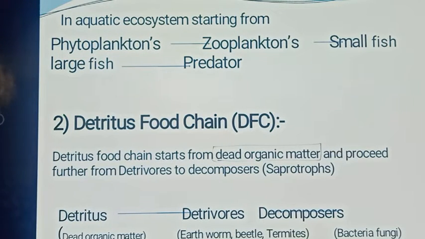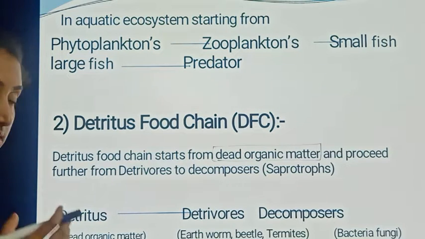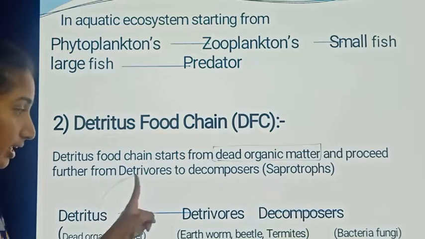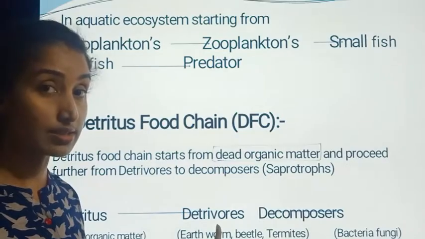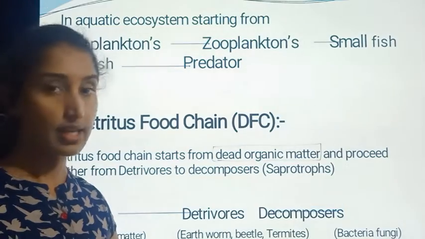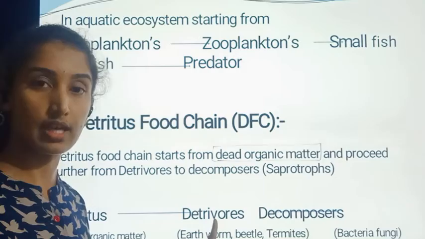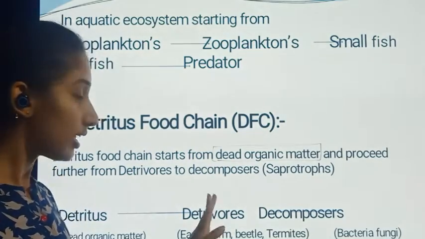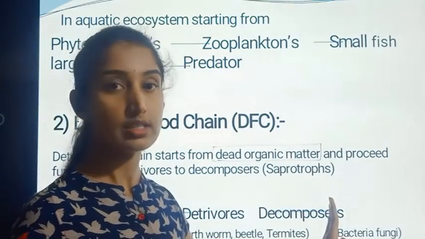We shall see an example to make our concept easier. Detritus, we discussed, is nothing but dead organic matter, which is consumed by the detrivores. Which are detrivores? For example, earthworm, beetle, termites, etc. Like this, many of the insects can be considered detrivores, and these detrivores are eaten by the decomposers.